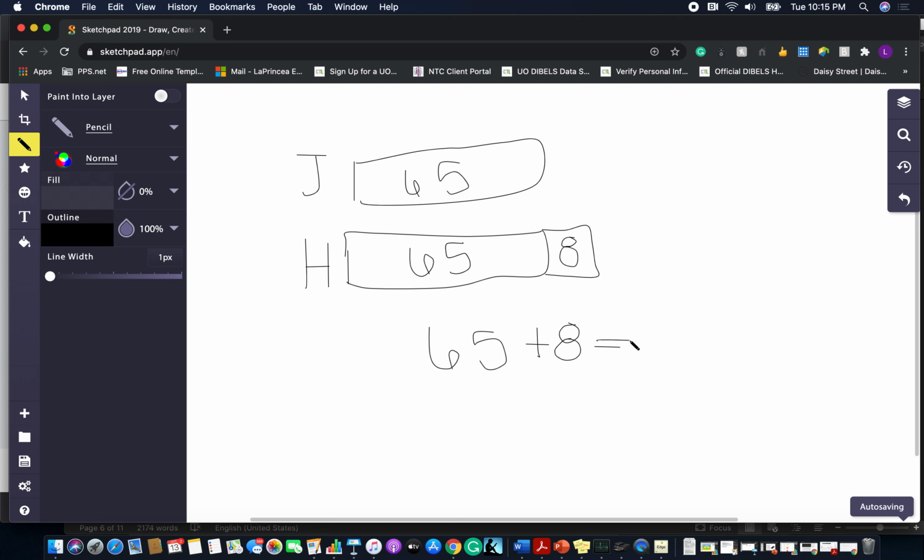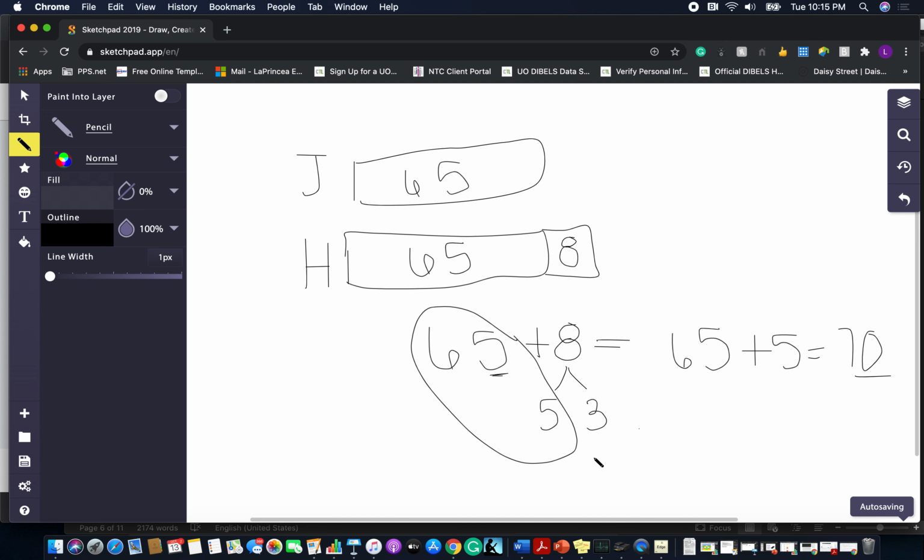Now you can solve this equation many ways. I know that 5 and 5 are partners to make 10, so I'm going to pull 5 out of here, and there's 3 more left over here. I can go 65 plus 5, which is 70.